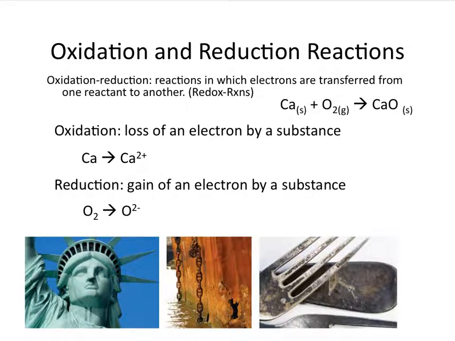However, what needs to be understood is that that does not only occur between metals and oxygen. There are other oxidation reduction processes, but this oxidation nomenclature comes from reactions in which oxygen reacts with a specific metal. You have seen these in textbooks and everything else: the copper is a nice green color on the Statue of Liberty, or the rusting of your bike and tarnishing, things of that sort.